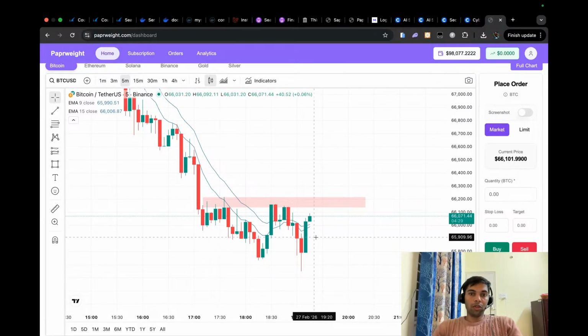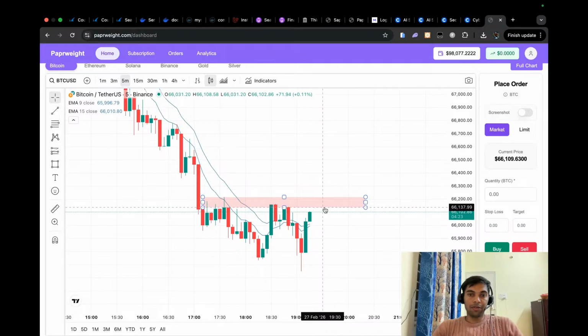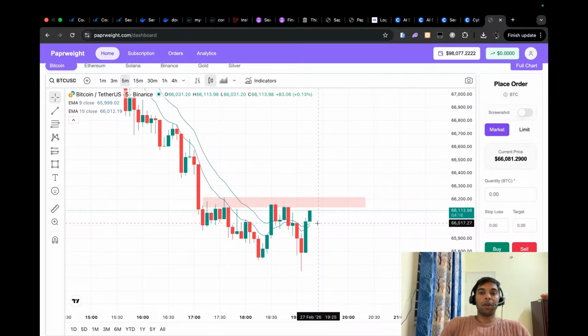Let's see what is happening at gold. So our thought process is that if the market shows some rejection from this area, then we can punch the order on the selling side.